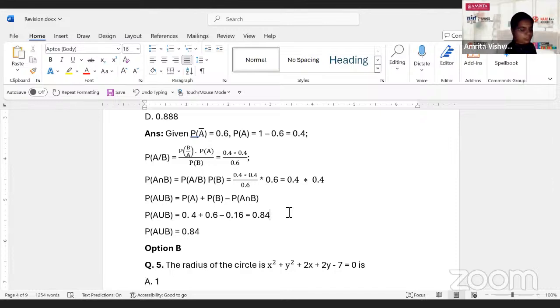Can anybody just type in the chat box what happened, how you have solved? I would request Mahita and Kishan.